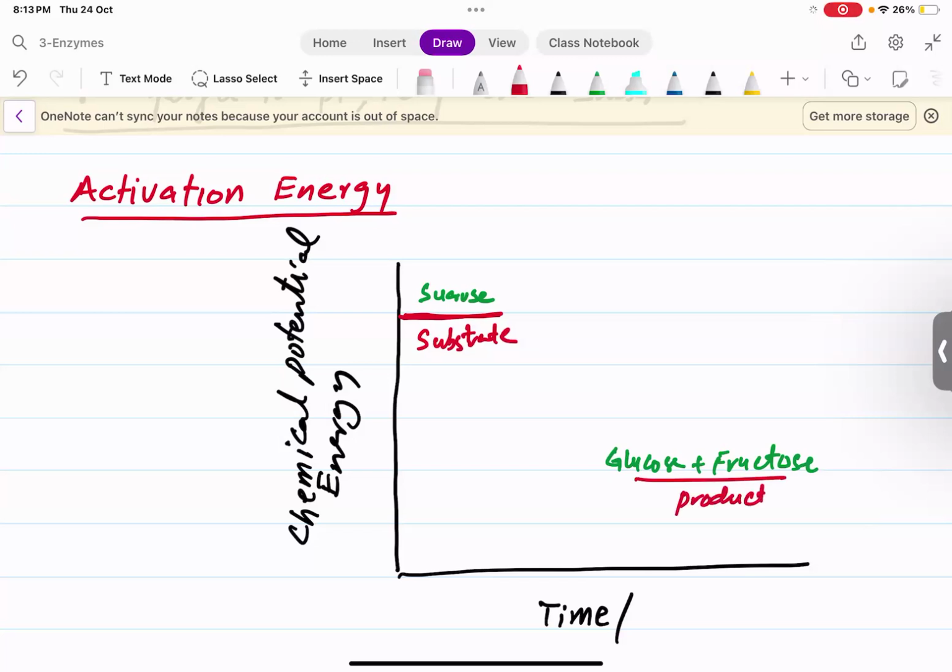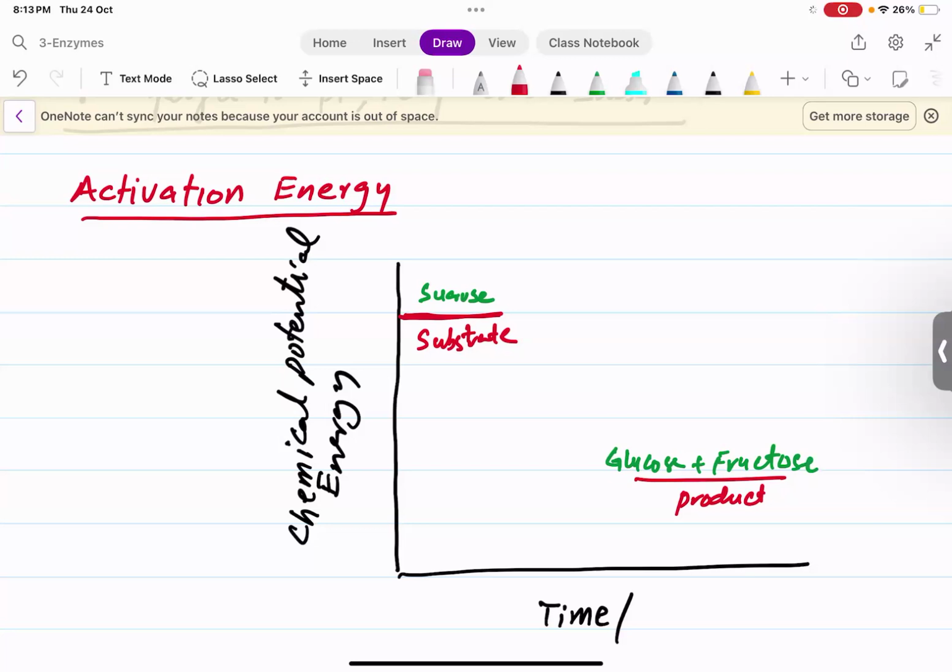So substrate has a higher chemical potential energy and products have lower chemical potential energy. So technically this molecule sucrose should break down into these two molecules and should release energy, but sucrose does not convert into products on its own.